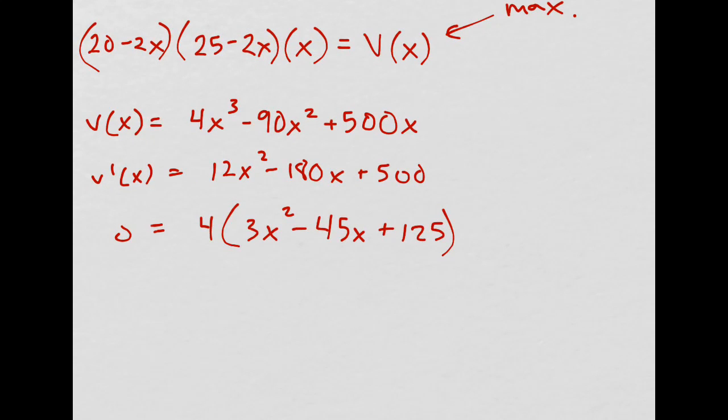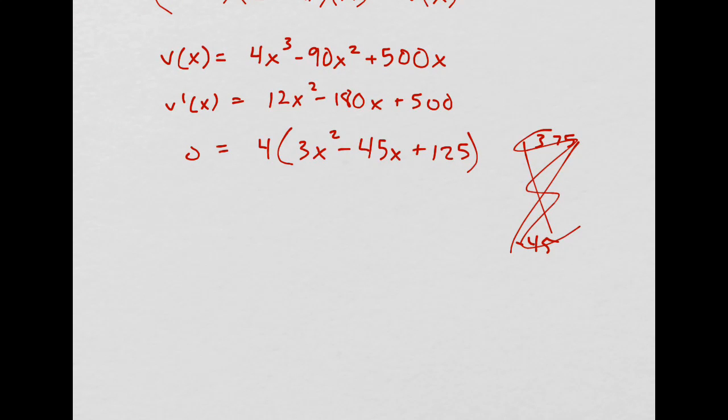Okay. So what am I doing? I'm going to try and factor. Can I factor these? Looks like I cannot factor. I just can't factor that. So I go use the quadratic formula.